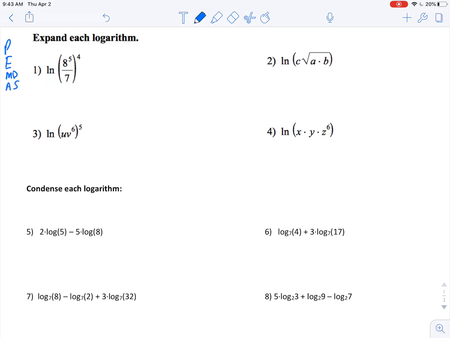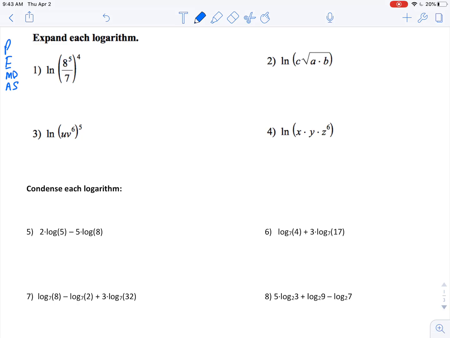So first thing we'll do, let's change colors. First thing we'll do is we'll get rid of any exponents. So we'll do our PEMDAS, our order of operations. So there we go. Oh well.